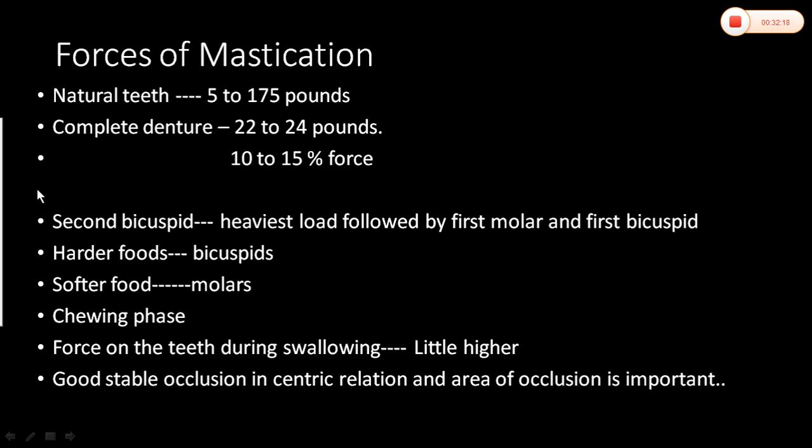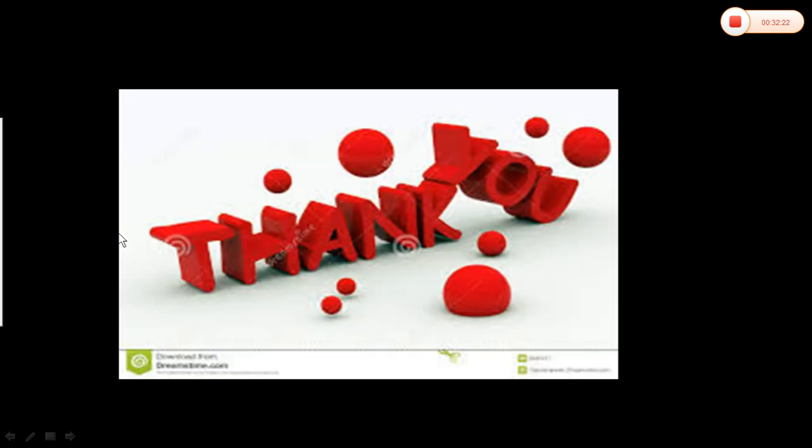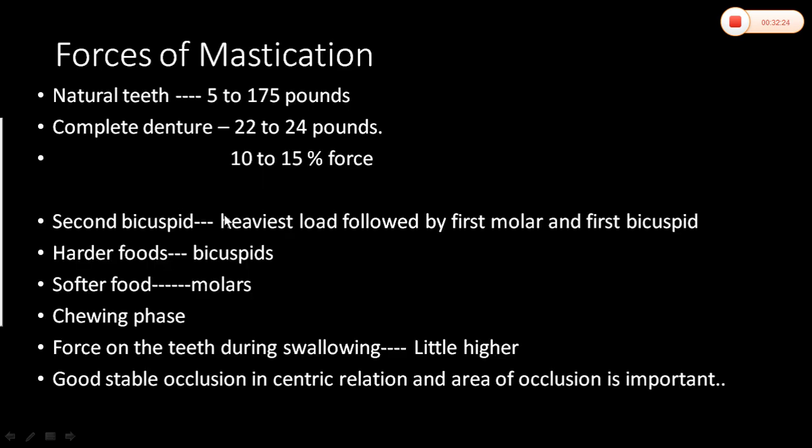Now, the second bicuspid is always preferred for the heaviest load, followed by the first molar and first bicuspid. Complete denture patients use the second premolar to masticate heavy food, followed by the first molar and first premolar.